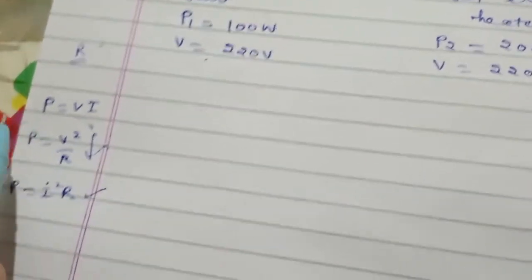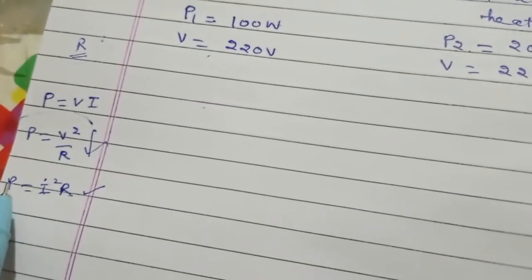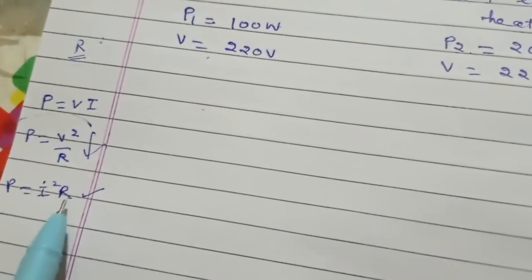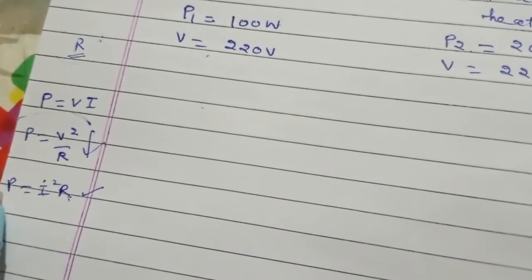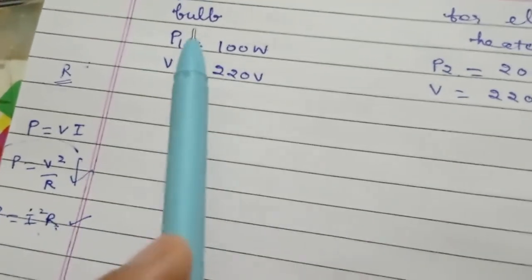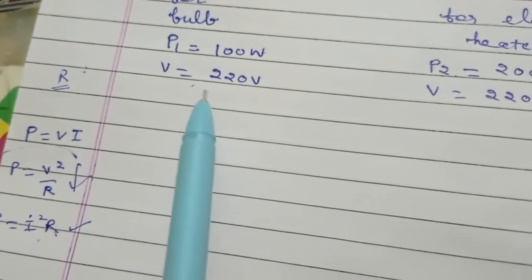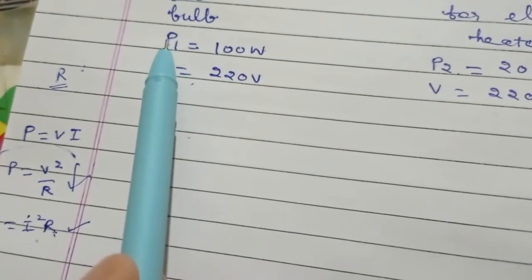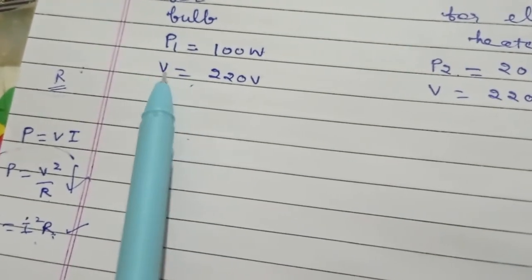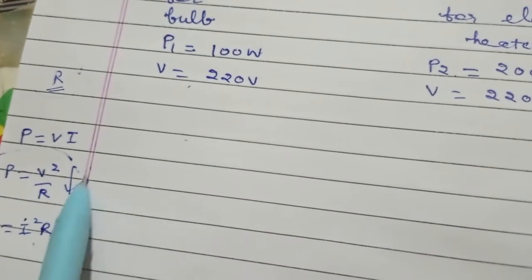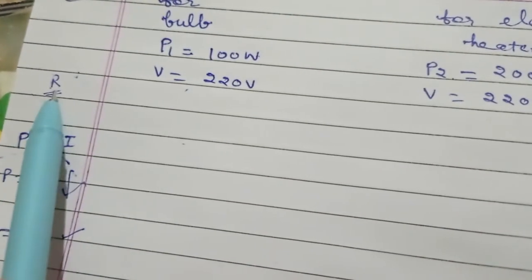Why? Because in third formula, in order to calculate R, you should know P and I. But there is no I given to you. The given quantities are P and V. So we will apply the second formula in order to calculate the resistance.